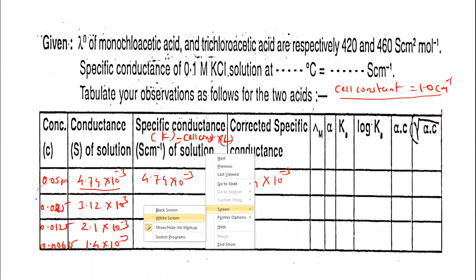Molar conductance is equal to corrected specific conductance into 1000 divided by C, where C is the concentration. Using this we can calculate the molar conductance of the solution.